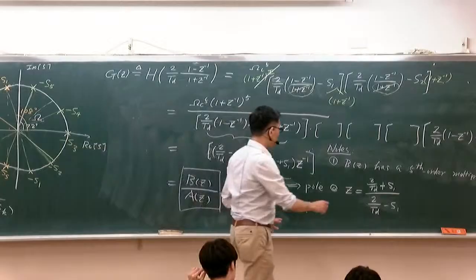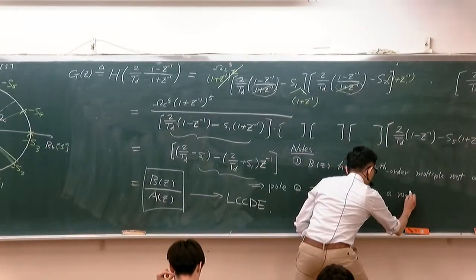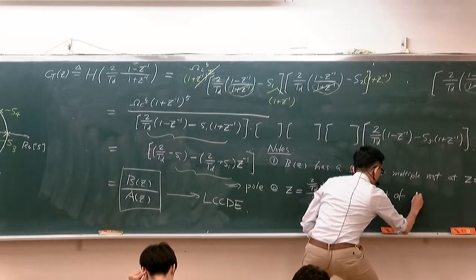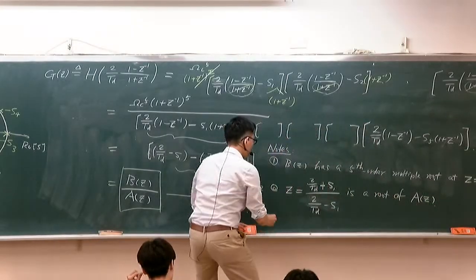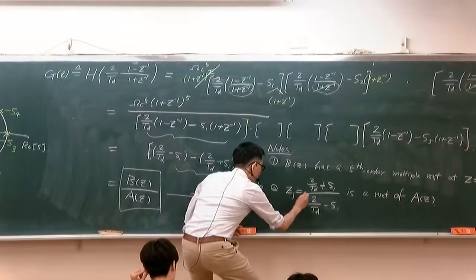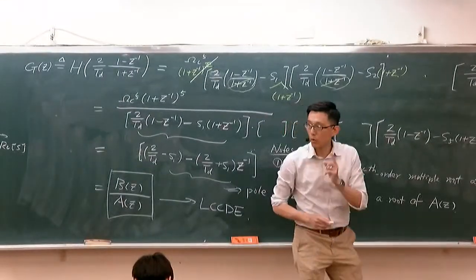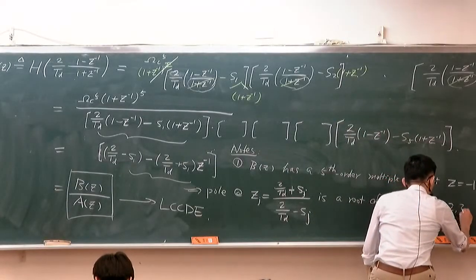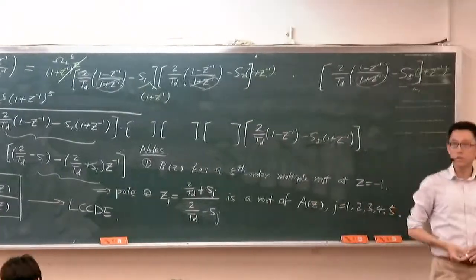So this is a root of A of z. So how about z_j, where j equals 1, 2, 3, 4, or 5? So that's our observation.